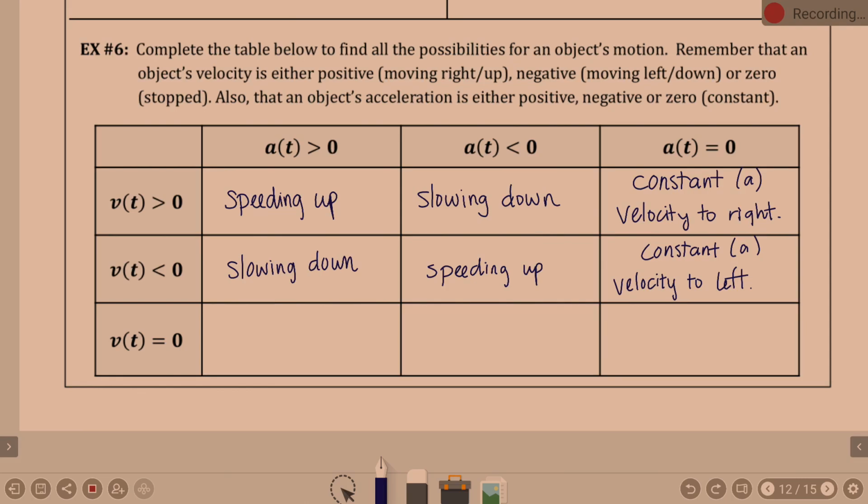Now, bottom row. When the velocity is 0, what do we know? Not moving. Stopped. Okay? So on all three of those, I'm going to say stopped. When the acceleration is positive, then we're just talking the acceleration is right or up.